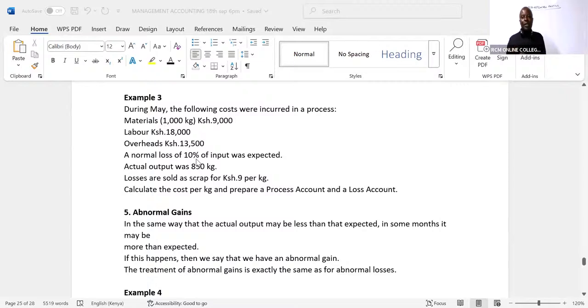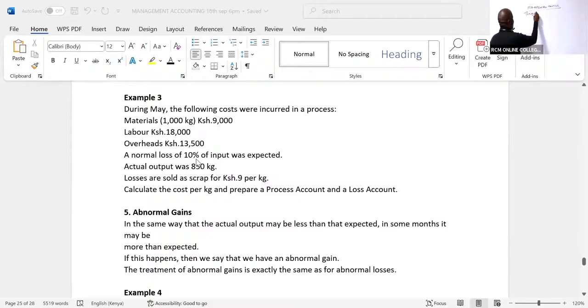What do you think, ladies and gentlemen, will be the very first thing for us to do to be able to tackle this question effectively? Can you kindly tell me what should be the very first? Yeah, we should develop what we call a throughput account.